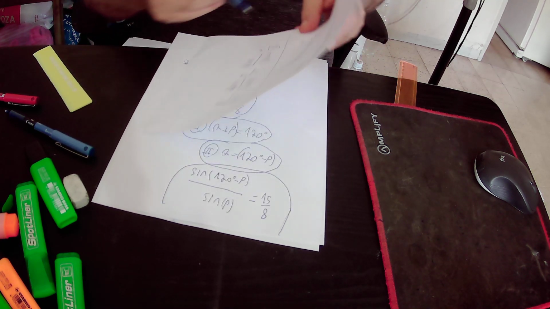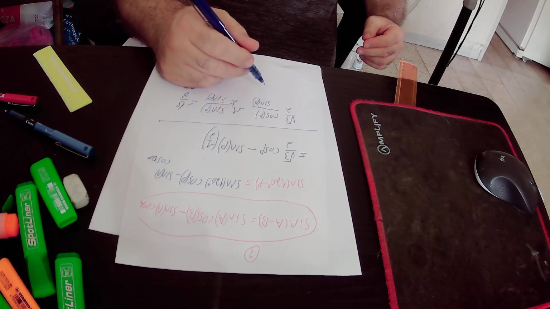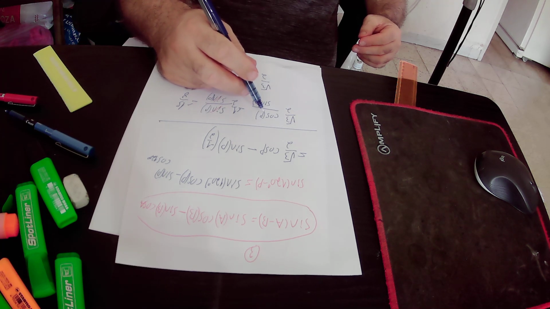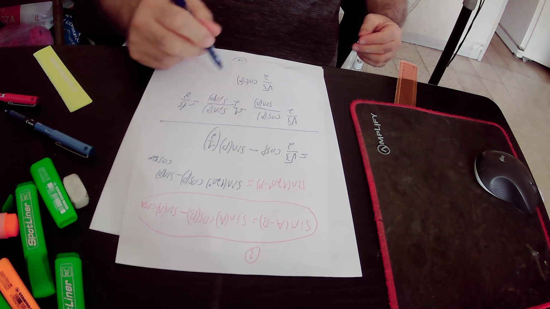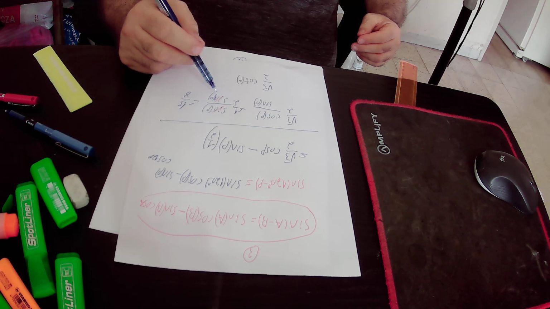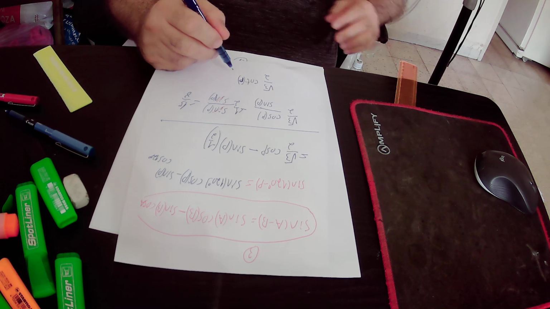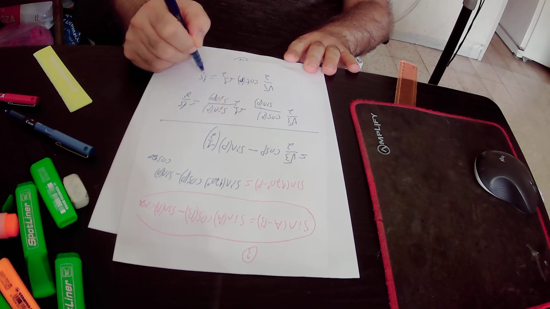So we write down that root 3 over 2 and cosine p over sine p equals to cotangent p, and sine p over sine p is 1, so what is left here is only half equals to 15 over 8.